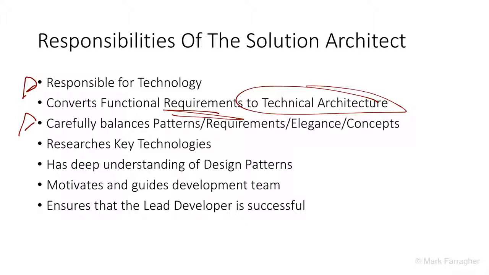The architect also needs to research key technologies. For example, if the architecture calls for an AI system, so like a neural network that receives input and creates decisions based on that input, then you're going to have to do some research to make sure that our current level of AI technology can actually do that.